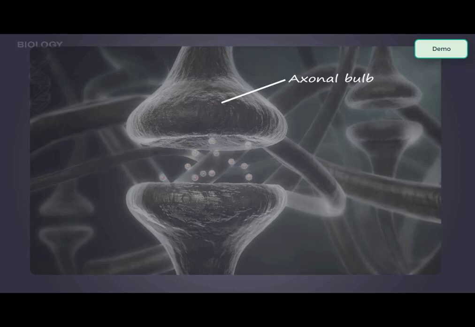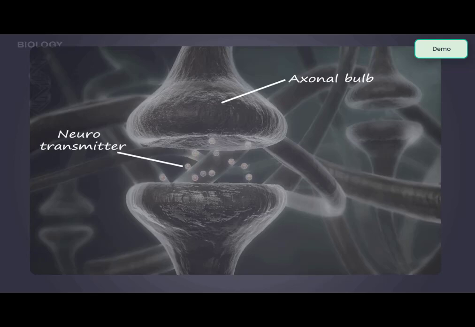So, there are oval or round sac-like vesicles called the synaptic vesicles, which are filled with chemicals, the neurotransmitters.